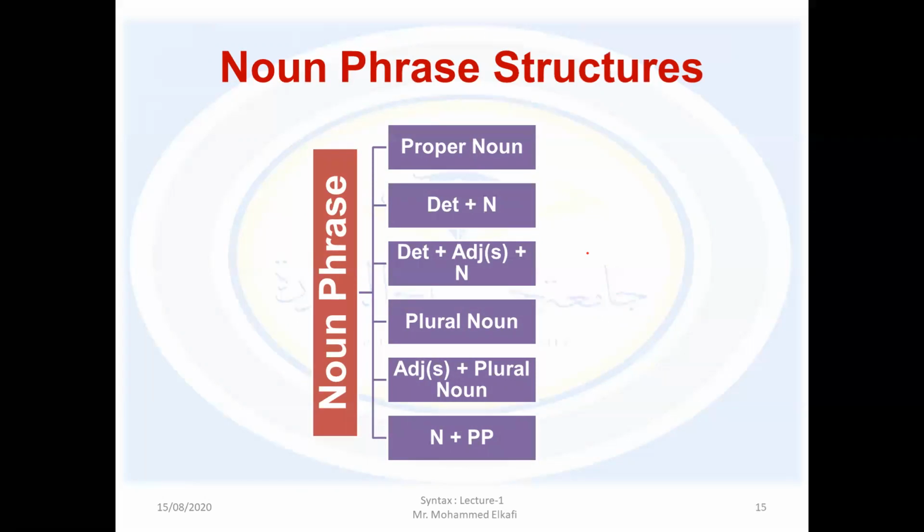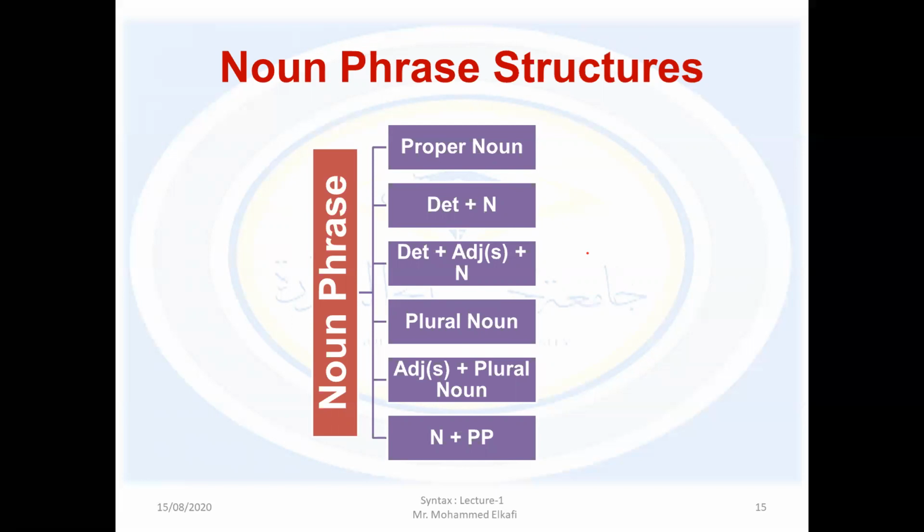The first one is proper noun. So the noun phrase can include a proper noun. When you say proper noun, here we mean a name of a person, Ahmed, Ali, Omar, or even Muna, Sarah, Samia.